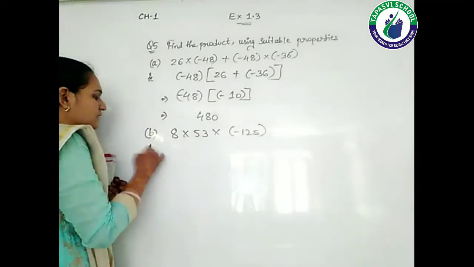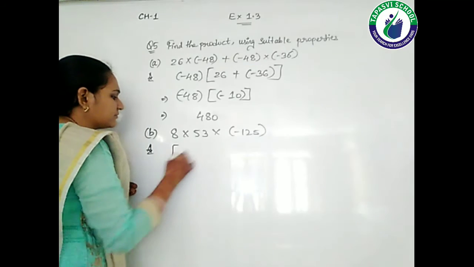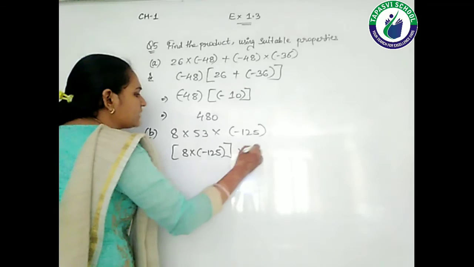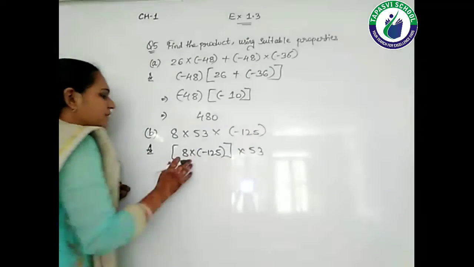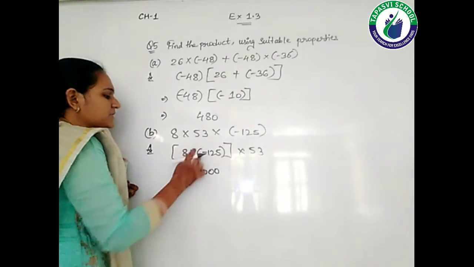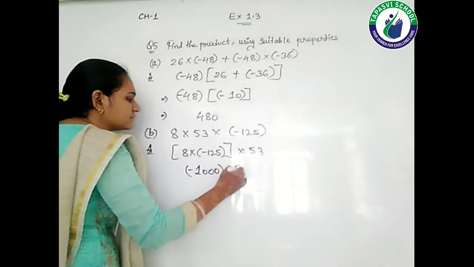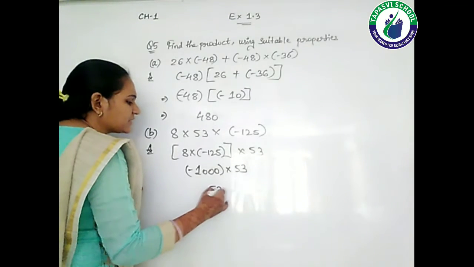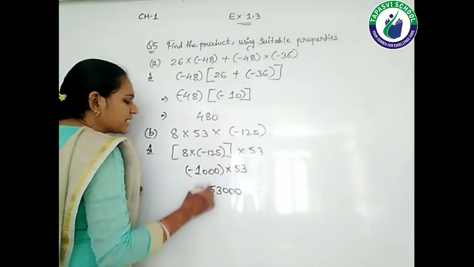So I am making the pair of 8 and 125, and then I'll multiply with the 53. So 125 eights are 1000, and plus minus it is minus. Now 53 multiplied by 1000, it is 53,000, and plus minus it is minus.